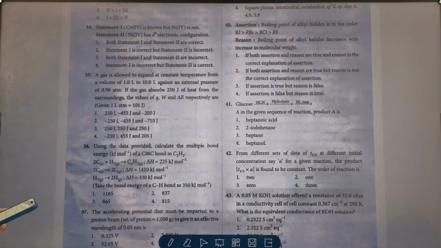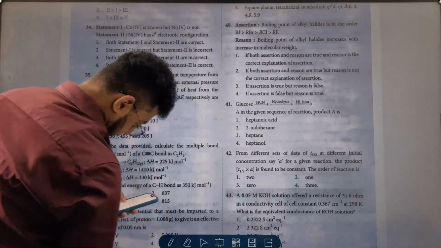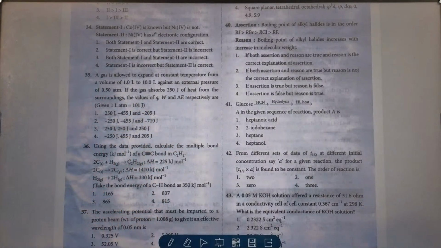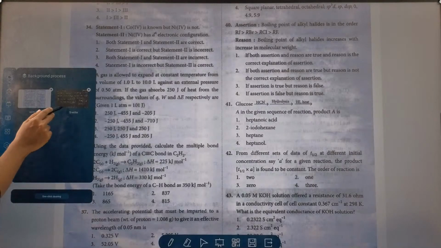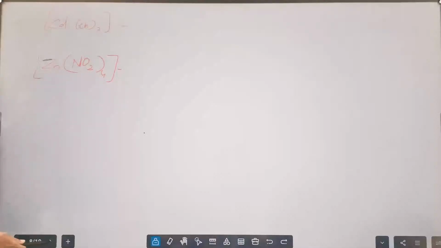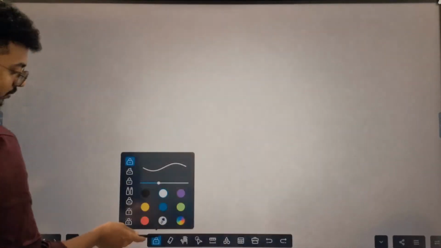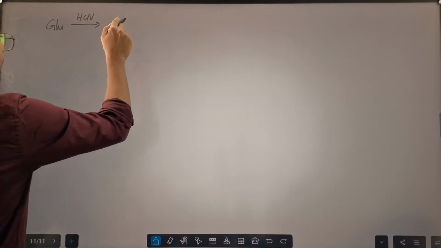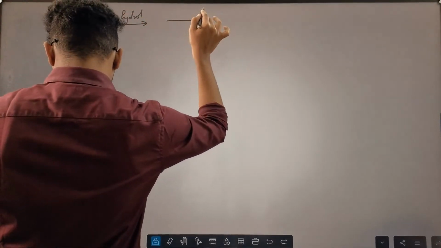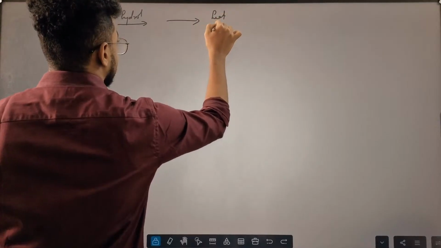So the 41st question: glucose on treated with HCN, hydrolyzing, then on heat and HI. This is the question. Okay.